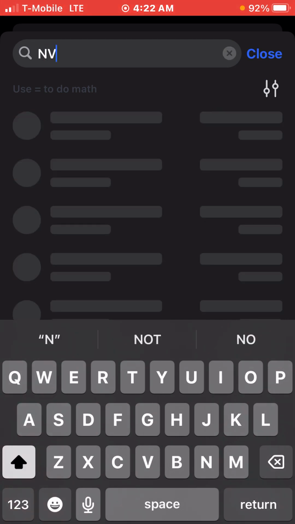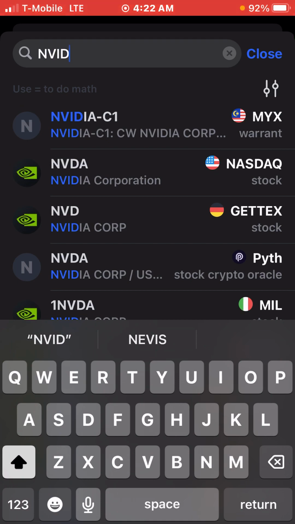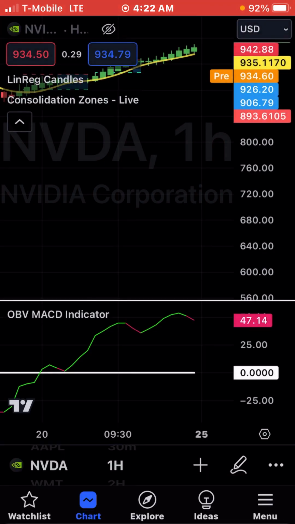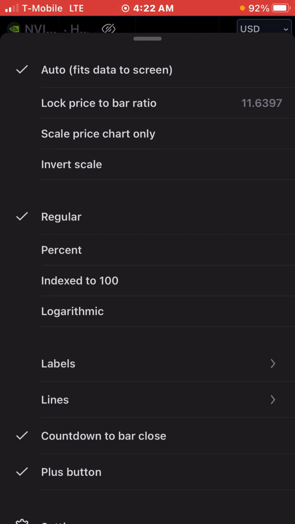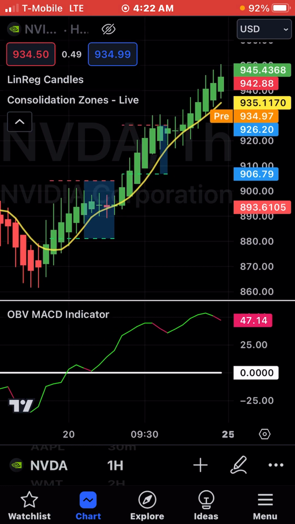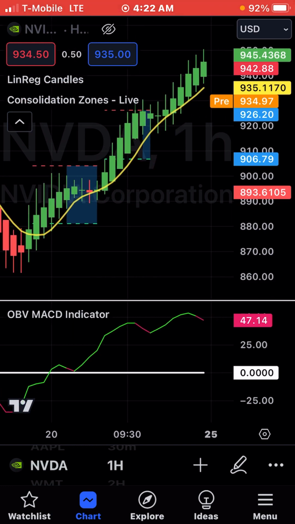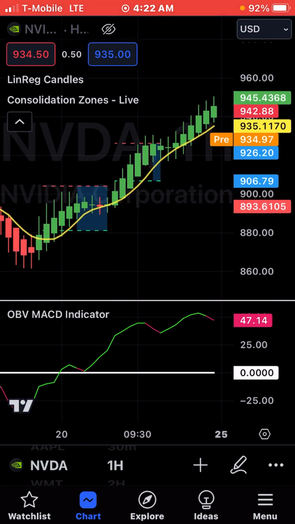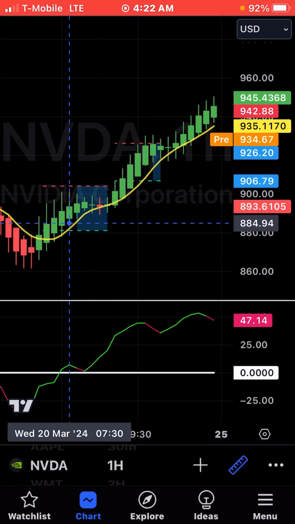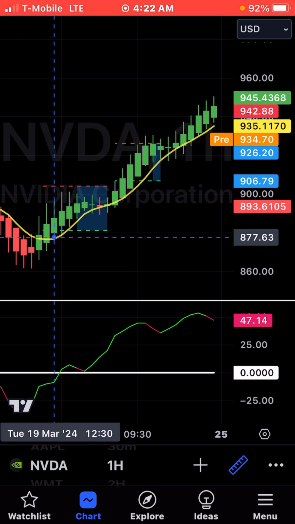Let's look at NVIDIA, which is pretty close to MicroStrategy as far as percentage gains. So we can see in NVIDIA you point out all the good moments of getting in. You see the candle dips here, and it goes up right about here.